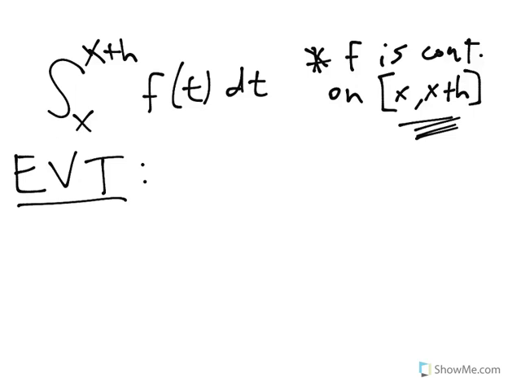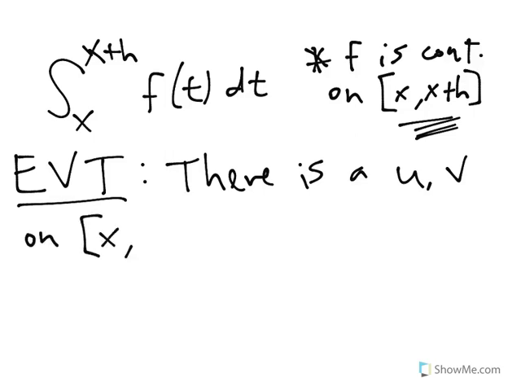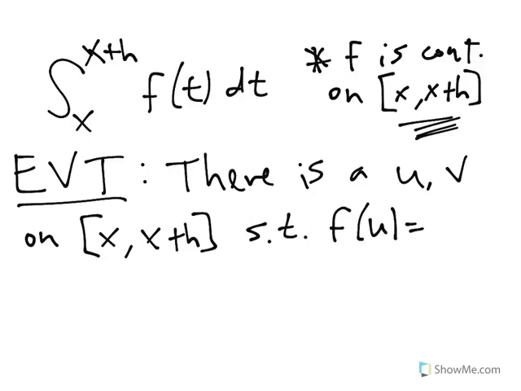Okay, so because of the extreme value theorem, there is a u and a v on the interval from x up to x plus h, such that f of u equals little letter m. Remember from the last video, little letter m was the minimum of the function, and f of v was the maximum, capital letter M, of the function.